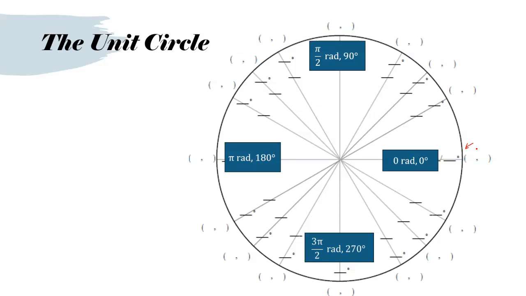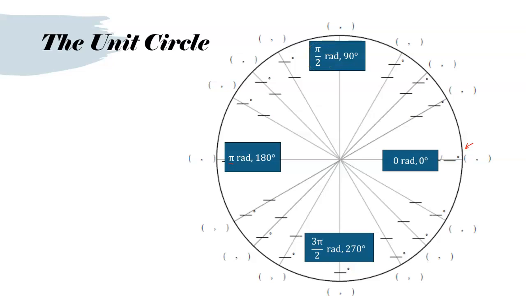Some values that are important to know are that 0 radians or 0 degrees is in that right hand corner, and since all the way around the unit circle is 2 pi, halfway around is going to be pi, and a quarter of the way around is going to be pi divided by 2.